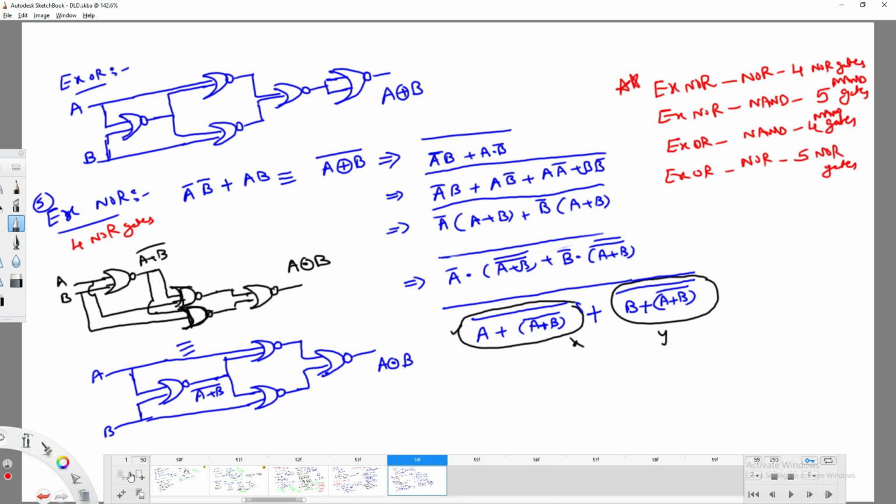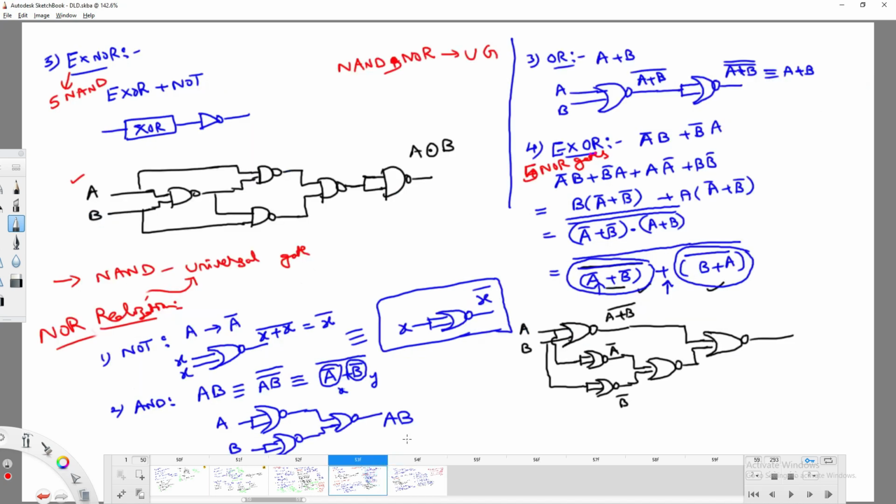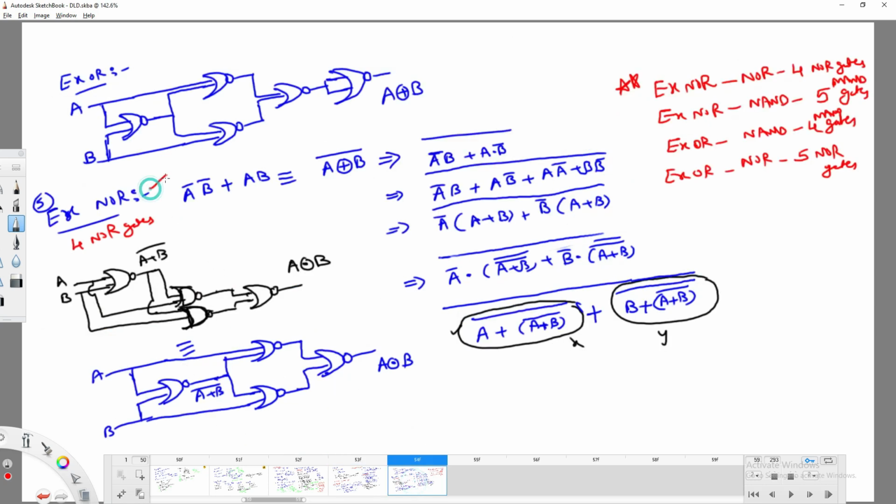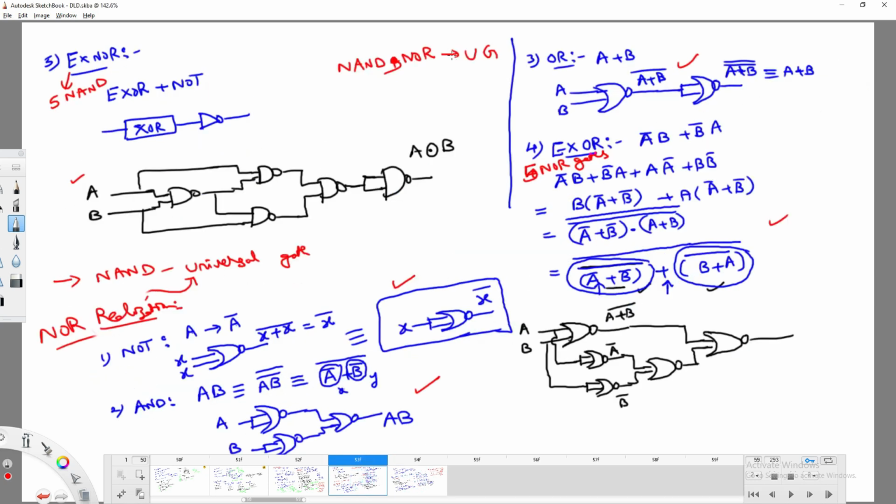Now, if you are able to observe, with the help of NOR gate I can construct NOT and OR, XOR as well as XNOR. So this is also called a universal gate.